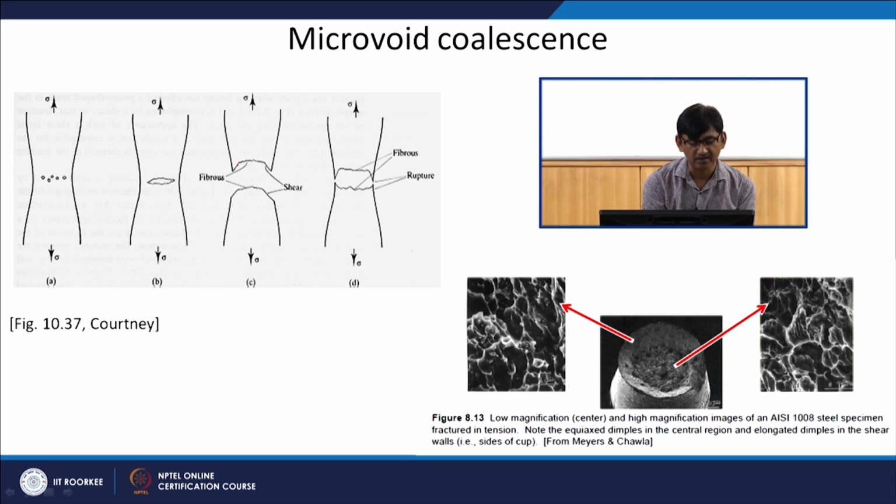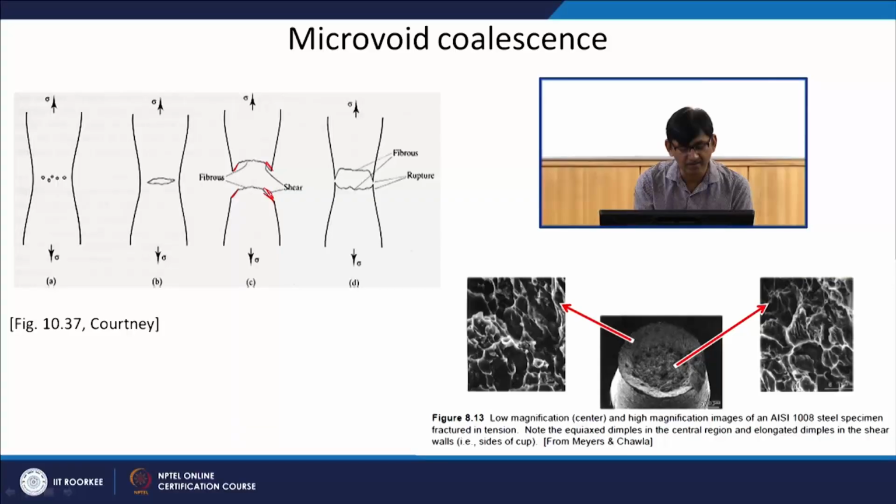You can see that this is a typical 45-degree shear surface. As I told you already, when you have uniaxial tension, at 45 degrees you will get maximum shear. So when the material is already separated from within, the remaining part will shear out, at almost 45 degrees.